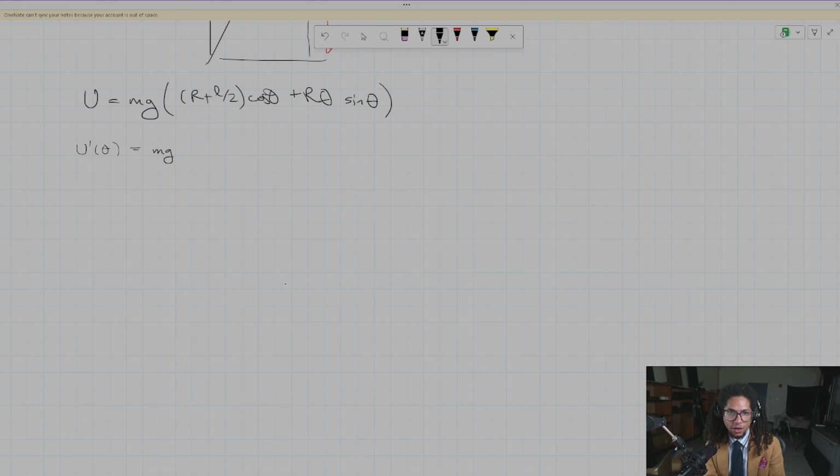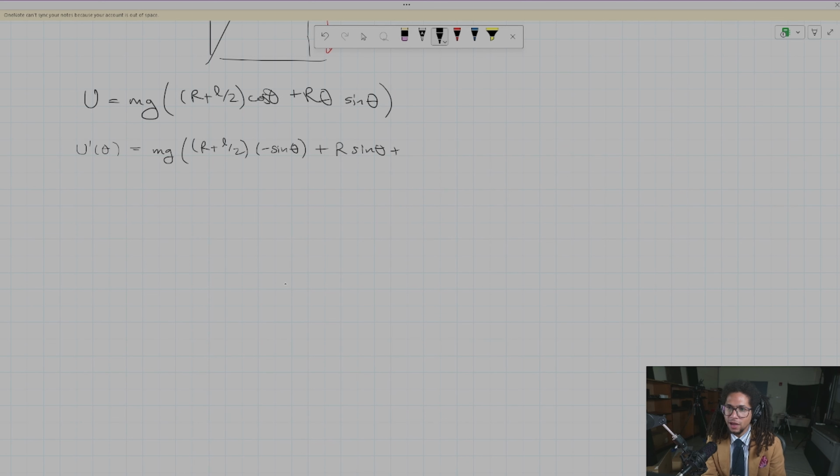So, of course, if I take a theta derivative of this, it goes through everything except the trig functions and this theta here. On the first term, we'll just have r plus L over 2 times minus sine of theta. Then on the second term, we'll have to use the product rule. So first we'll have r sine theta, taking a derivative of this theta.